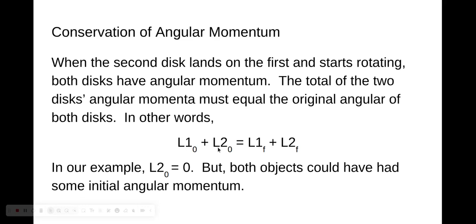But in this case, the second disk's original angular momentum was 0, and we still have to take that into account. So we had 120 with the momentum units plus 0, and now that has to equal the angular momentum of both disks when they're stacked together. Since they're identical disks, you just cut it in half. So each one will now have 60 kilogram meters squared per second of angular momentum.